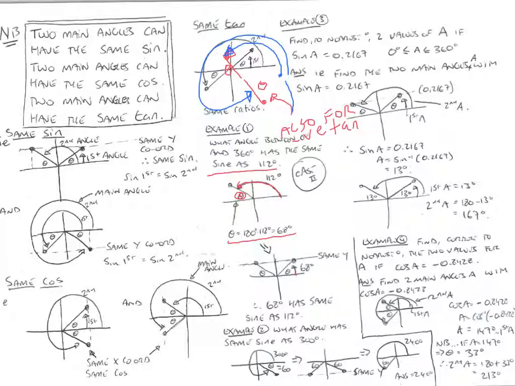So this reference angle is 68 degrees, and this is the same, 68 degrees. They have the same y coordinate. Therefore, one angle is 68 degrees and the other is 112 degrees, i.e. the sine of 112 degrees is the same as the sine of 68 degrees.